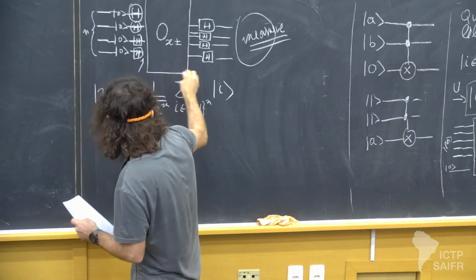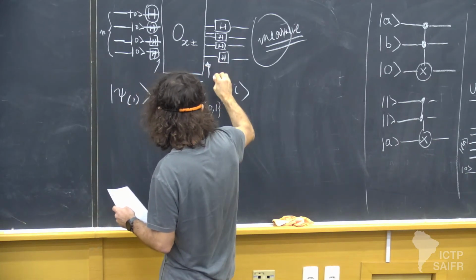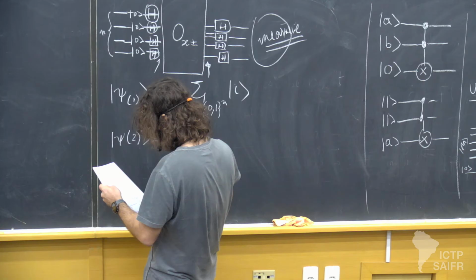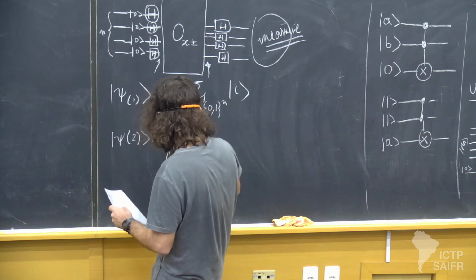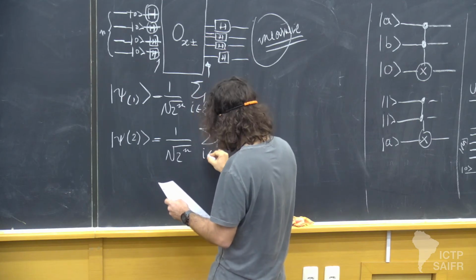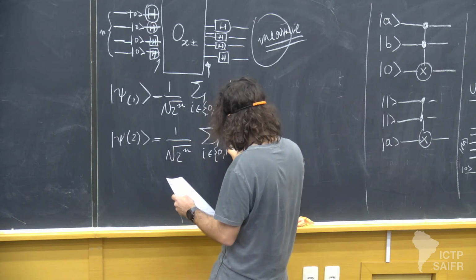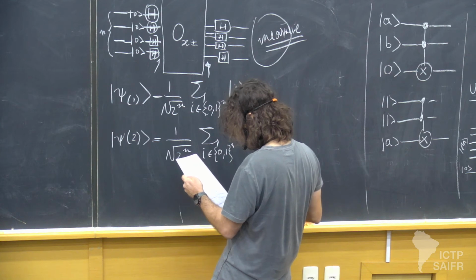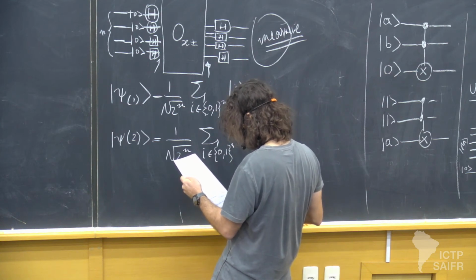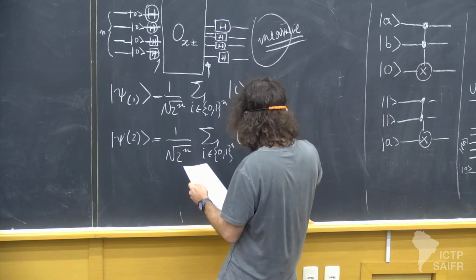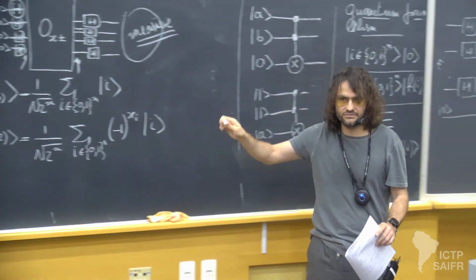Then I arrive here, and what I get is the superposition, right? When I exit here, I get psi 2, and this is, once again, 1 over square root of 2^n, summation over i in {0,1}^n, of (-1)^{x_i} |i>.